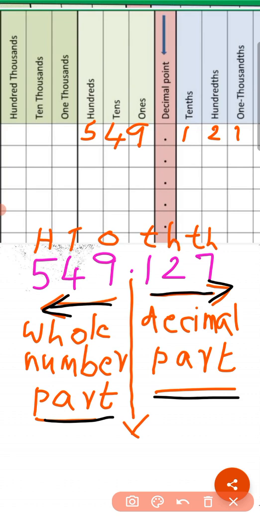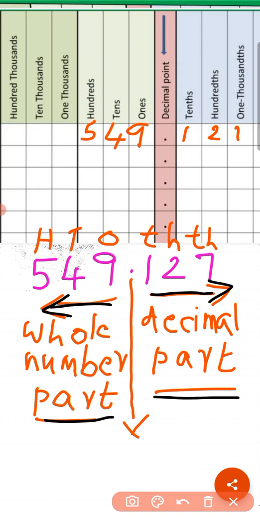As you already learned, the smallest place in the whole number part is ones, then tens, hundreds, thousands. It will continue. So write the digit at the ones place first, that is 9. Then the digit at the tens place, that is 4. Then the digit at the hundreds place, that is 5. So whole number part is over.